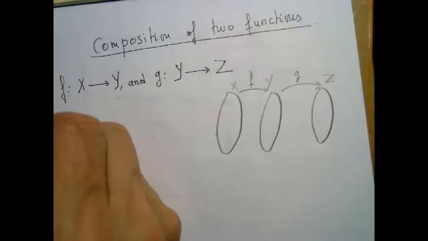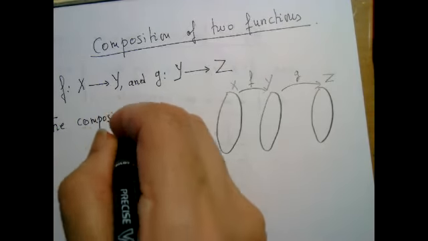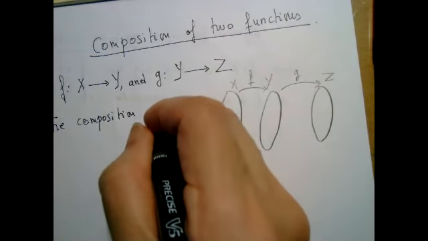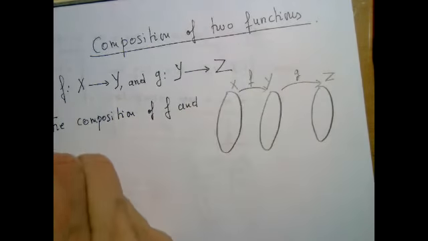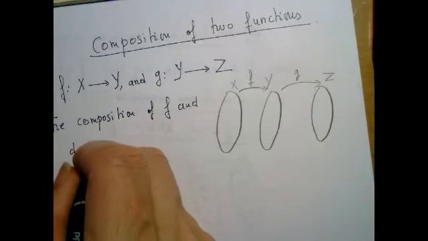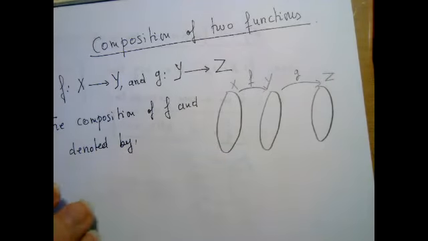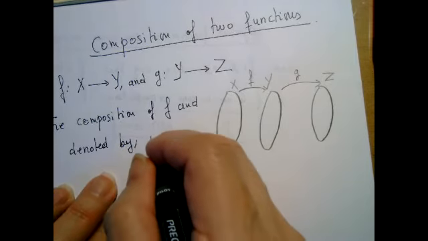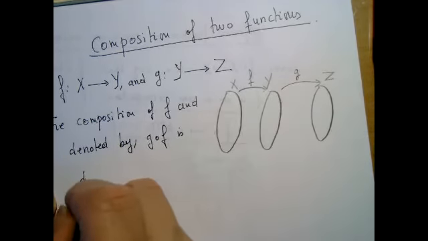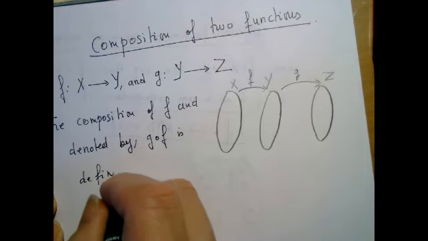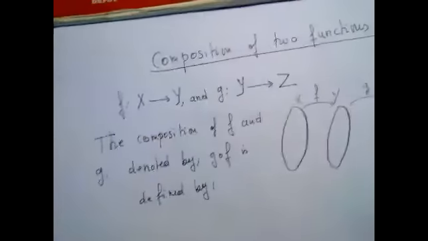Then the composition. The composition of f and g, denoted by, sorry, in this case, g composed with f is defined by, of course, all of you know this definition.